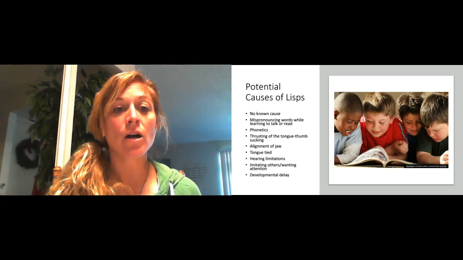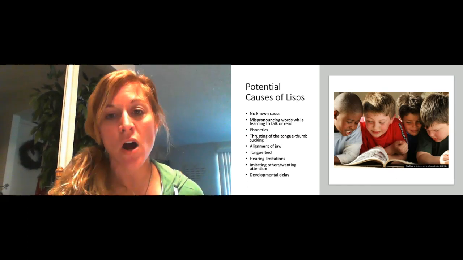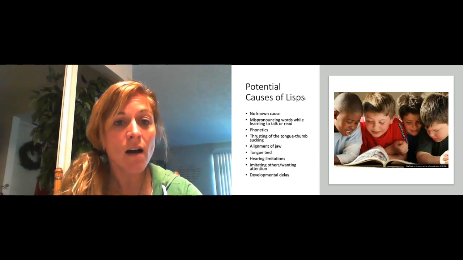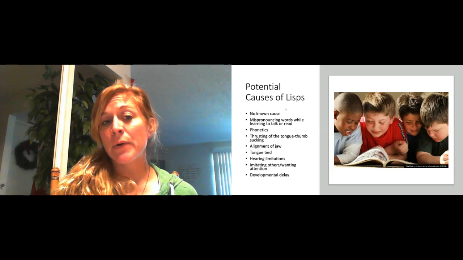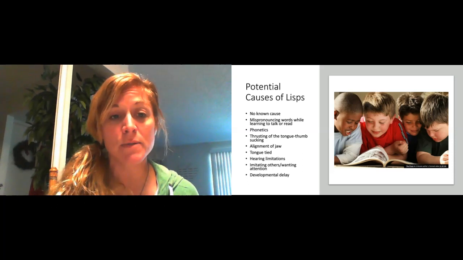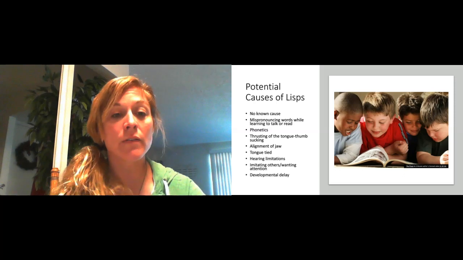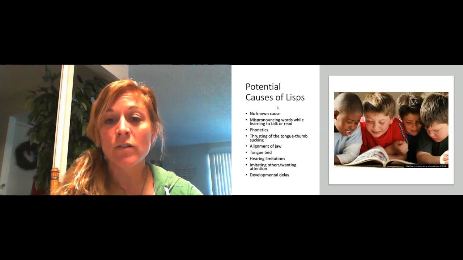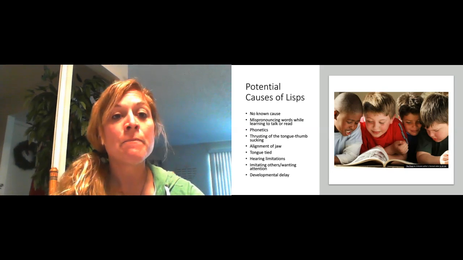So there are, I say, potential causes of lisps because there are no known causes. The reasons why researchers have thought that lisps have arisen, these are more recent, are mispronouncing words while they're learning to talk or read.